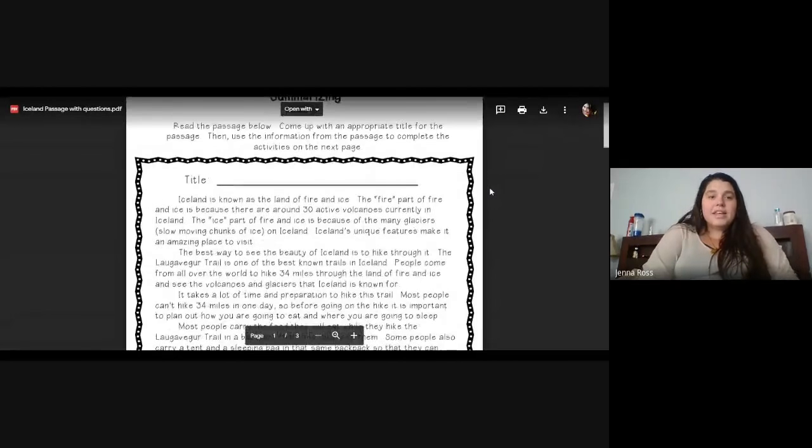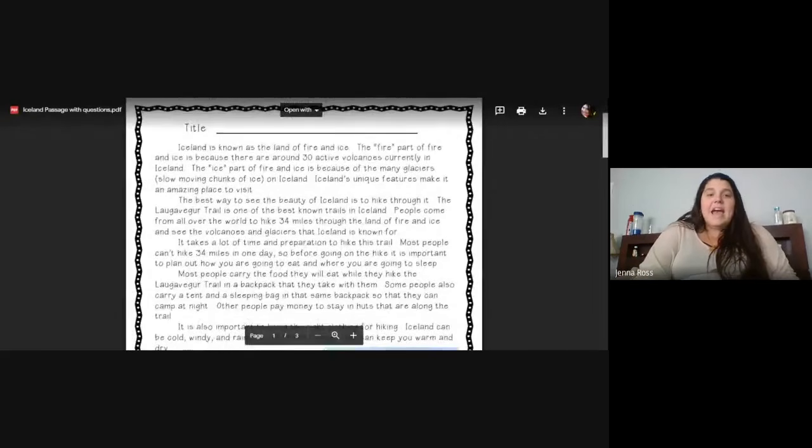So I will show you the passage, and you should be able to print it out as well at home or pull it up on your computer so you can see it too. So I'm going to go ahead and share that with you now. All right, so what you should be looking at is something that looks like this. And you can write your own title.